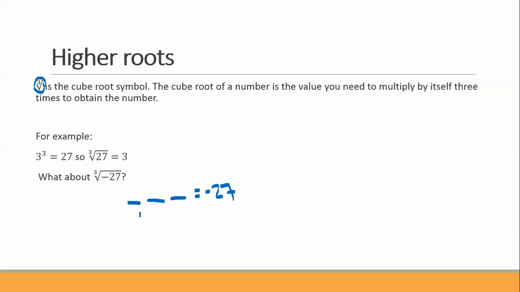We know that multiplying 3 by itself 3 times is 27. What if we multiply -3? -3 times -3 times -3 is actually -27, because negative times negative is positive, and then another negative makes it negative. So the cube root of -27 is equal to -3.